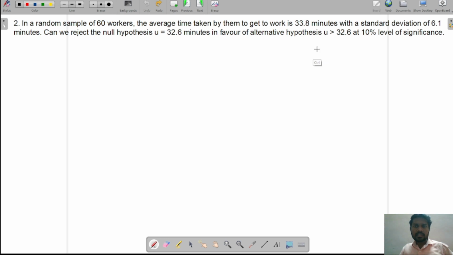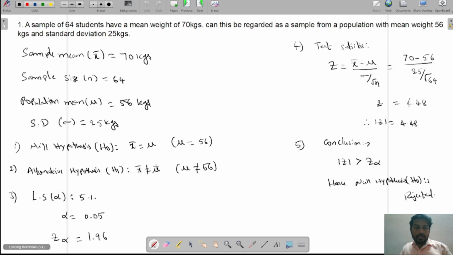So in this question he is talking about the alternative hypothesis as greater than, so I have to mention greater than only. If the question says less than, then I have to mention less than only. But coming to the first question, he did not say whether the alternative is greater than, less than, or not equal. So as a standard format I took not equal.